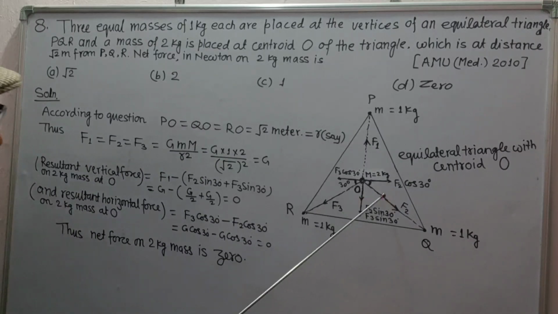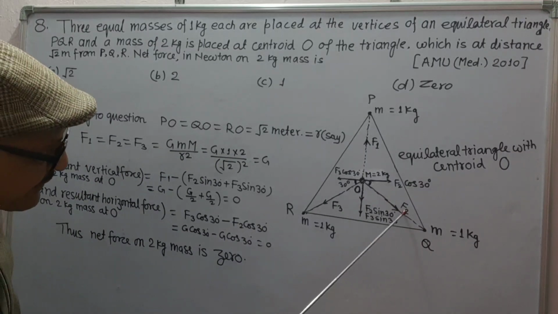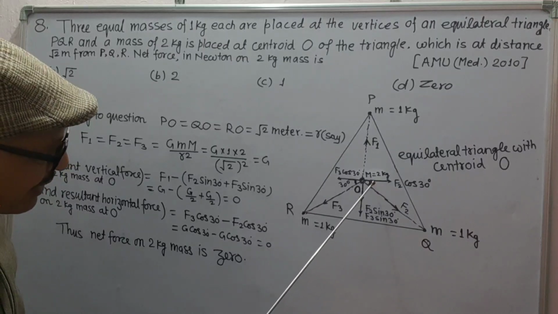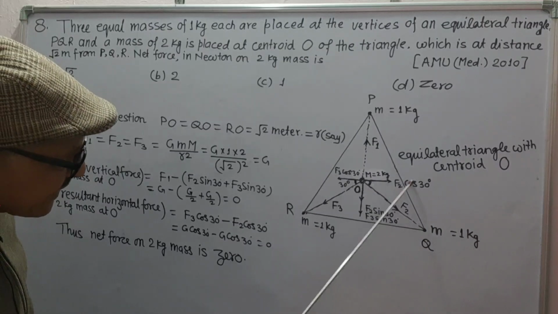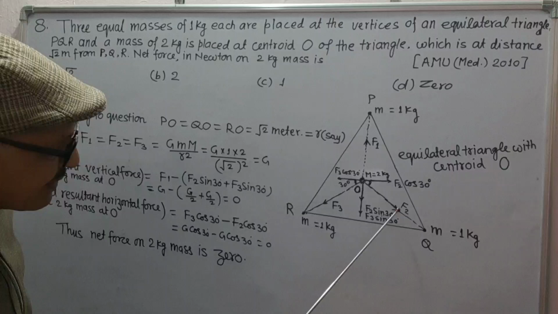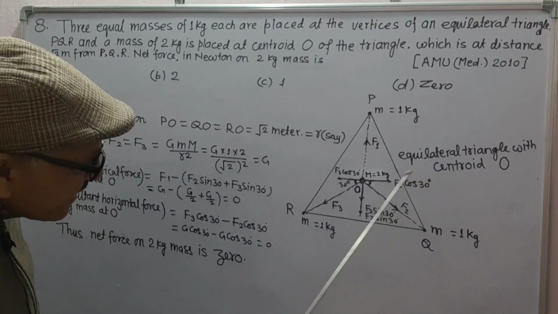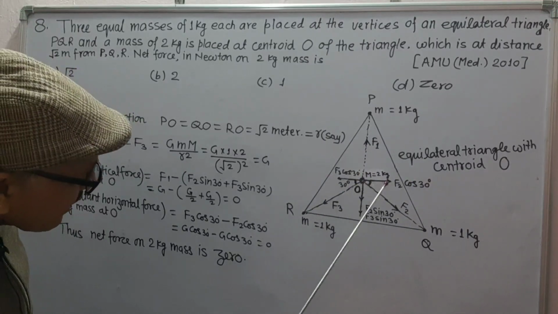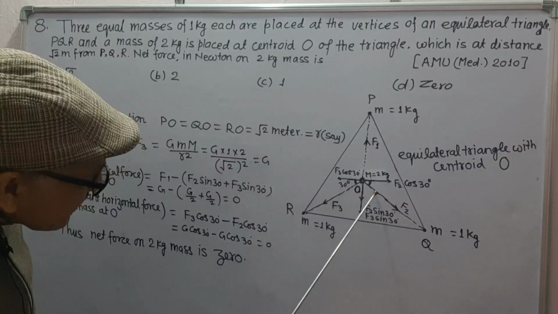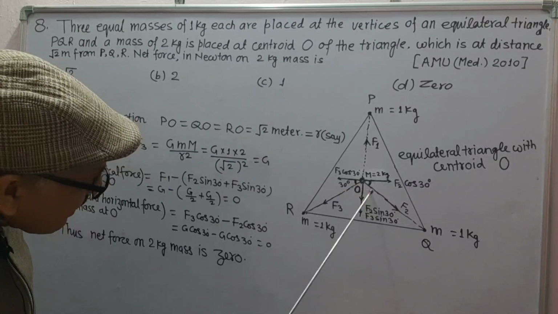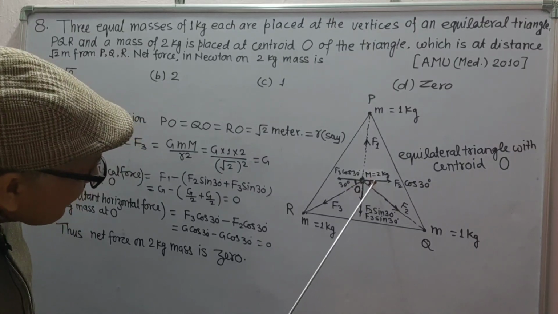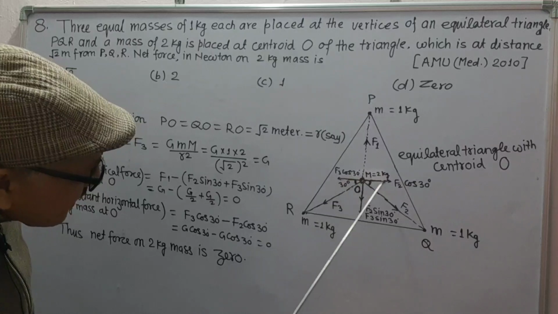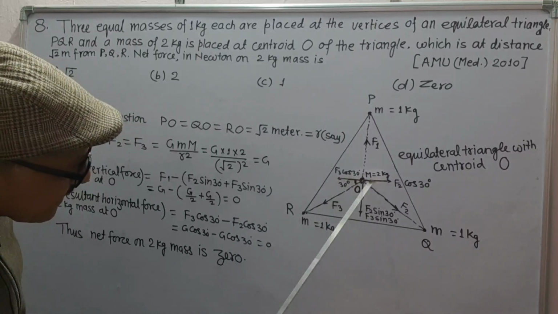Now, if we resolve F2 in horizontal and vertical components, we get F2 cos 30 because this angle is 120, total angle is 180.